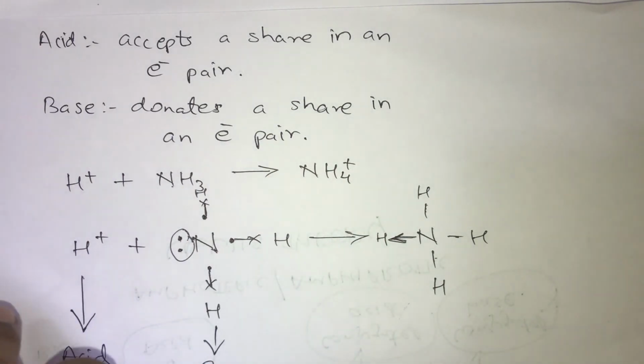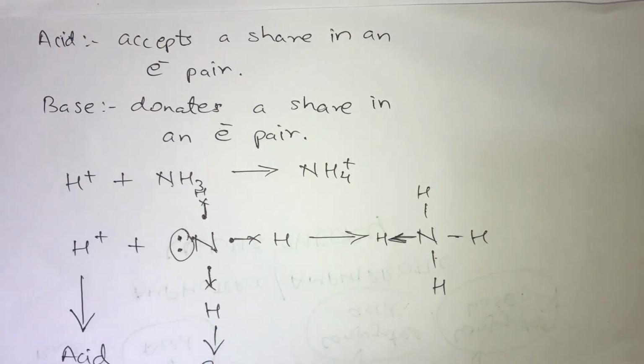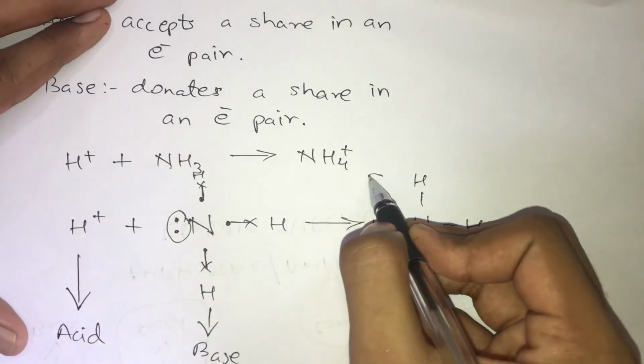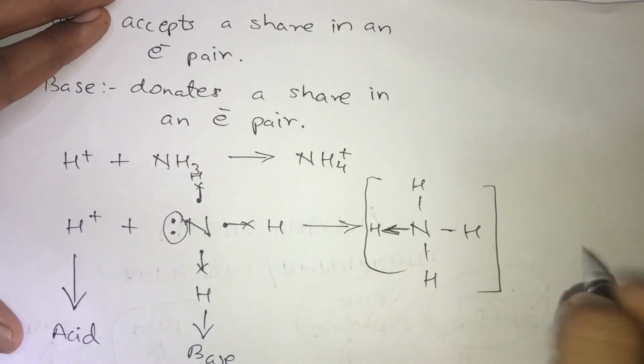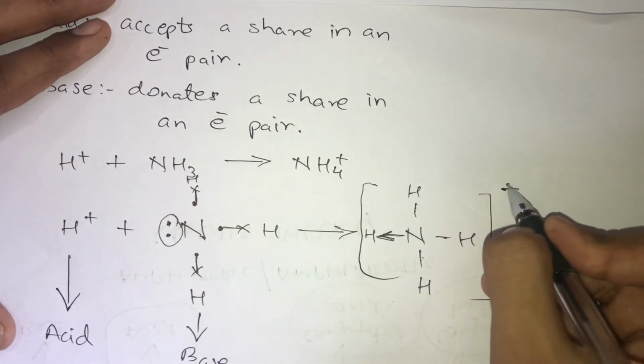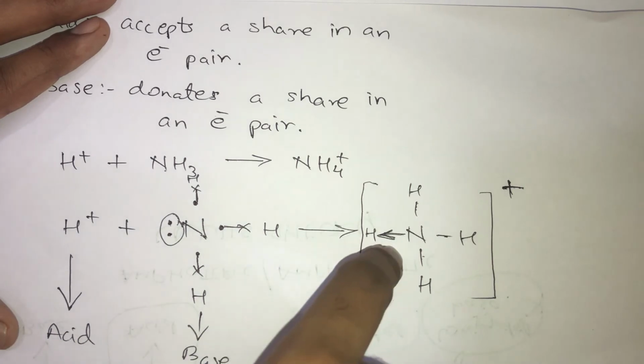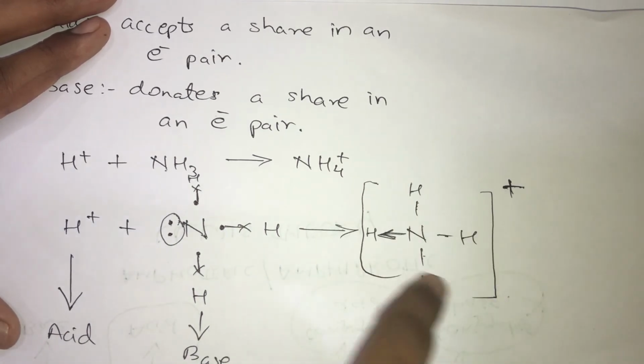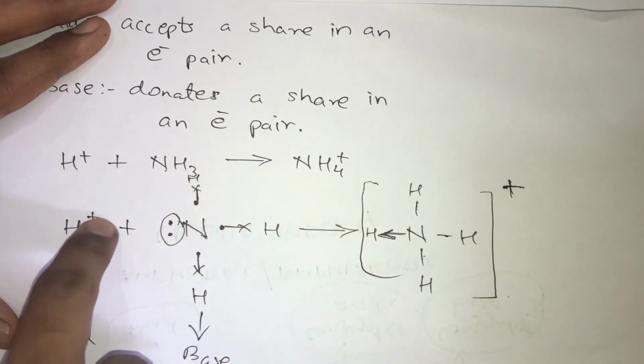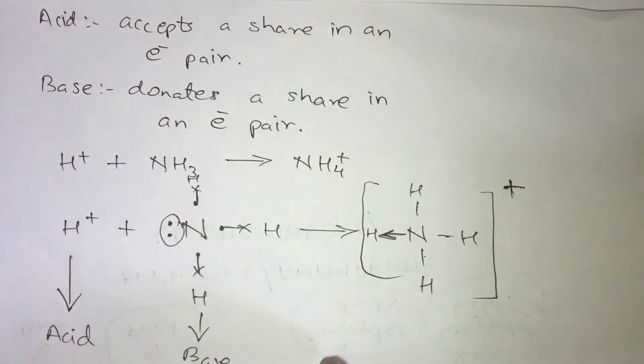Now similarly, let us consider one more example to understand in a much better way. And guys, let me tell you all, the complete charge on this compound formed will be plus. Why plus? Because this H plus is combining with this NH3. So when a compound is formed, the plus charge will go to the complete compound.